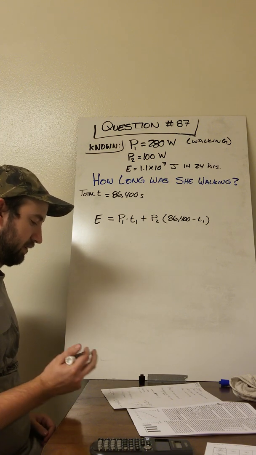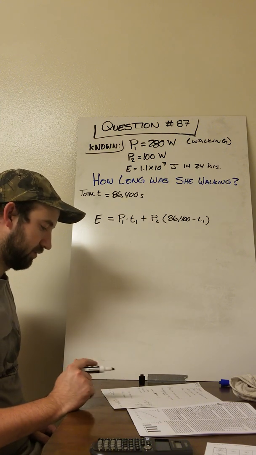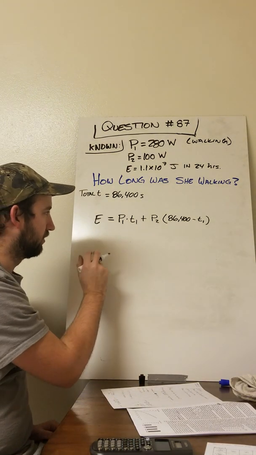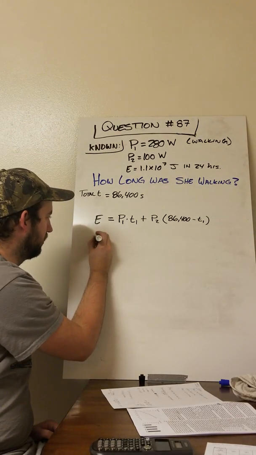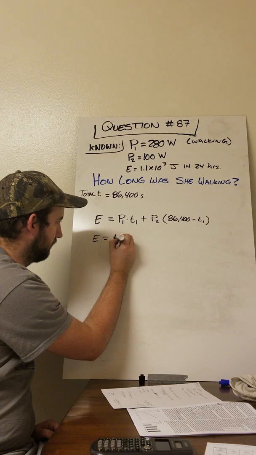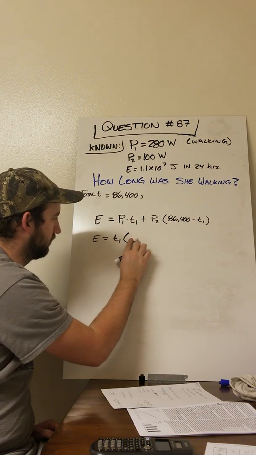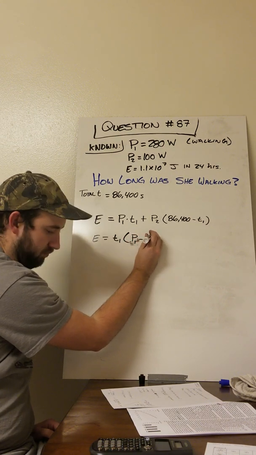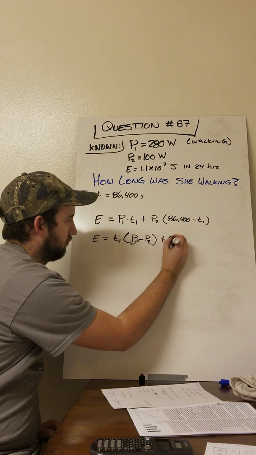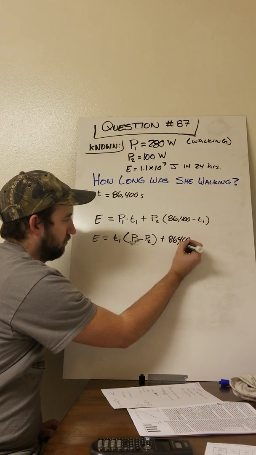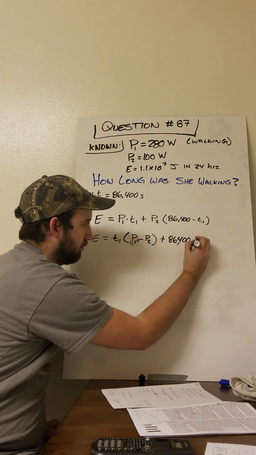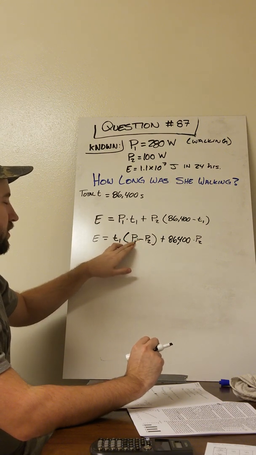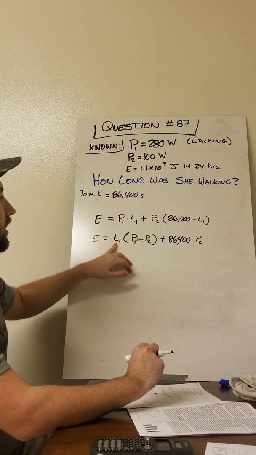So now what we do is just combine it all together. If we clean it up a little bit, we end up with E equals T1 times P1 minus P2, plus 86,400 times P2. So this is just rearranging it, making it a little nicer. We only have one T1 now.